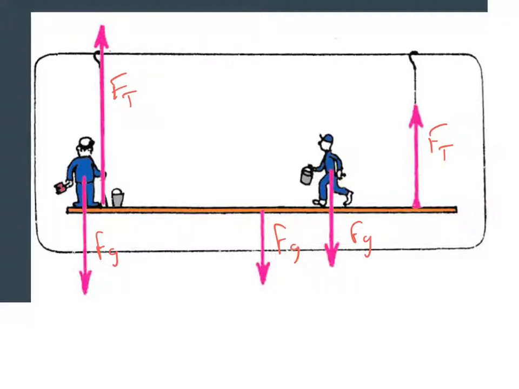Now, how does this all add up to be 0? Well, as we mentioned, forces are vectors, so direction matters. And as we've previously mentioned, we can set our frame of reference however we want. So I'm going to say that up is positive and down is negative, which means the two tension forces are both positive values, and our three gravitational forces are all negative values.